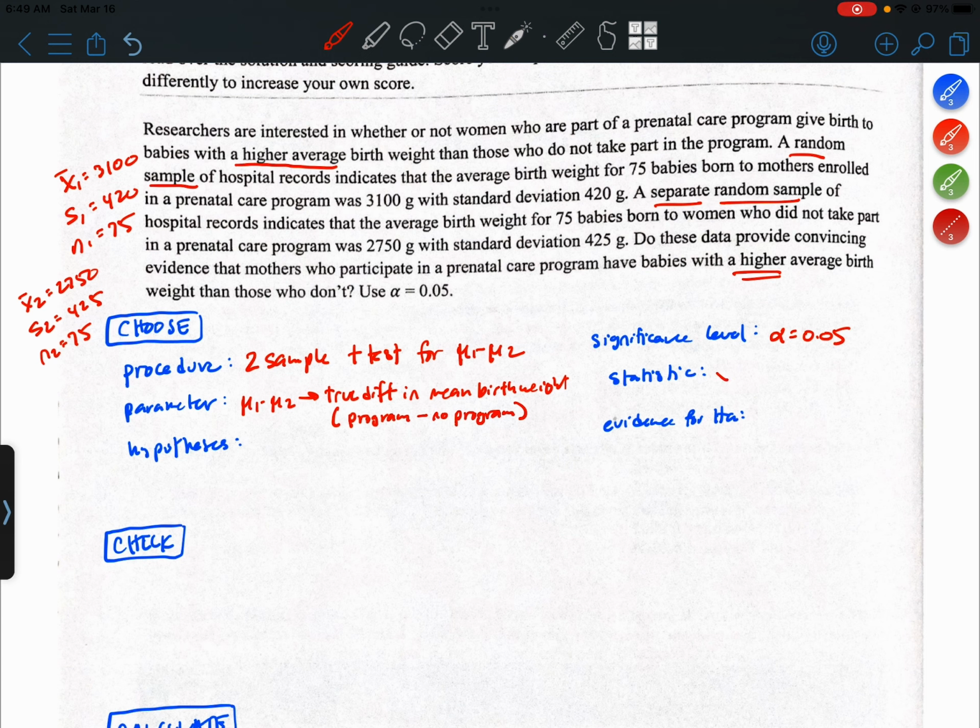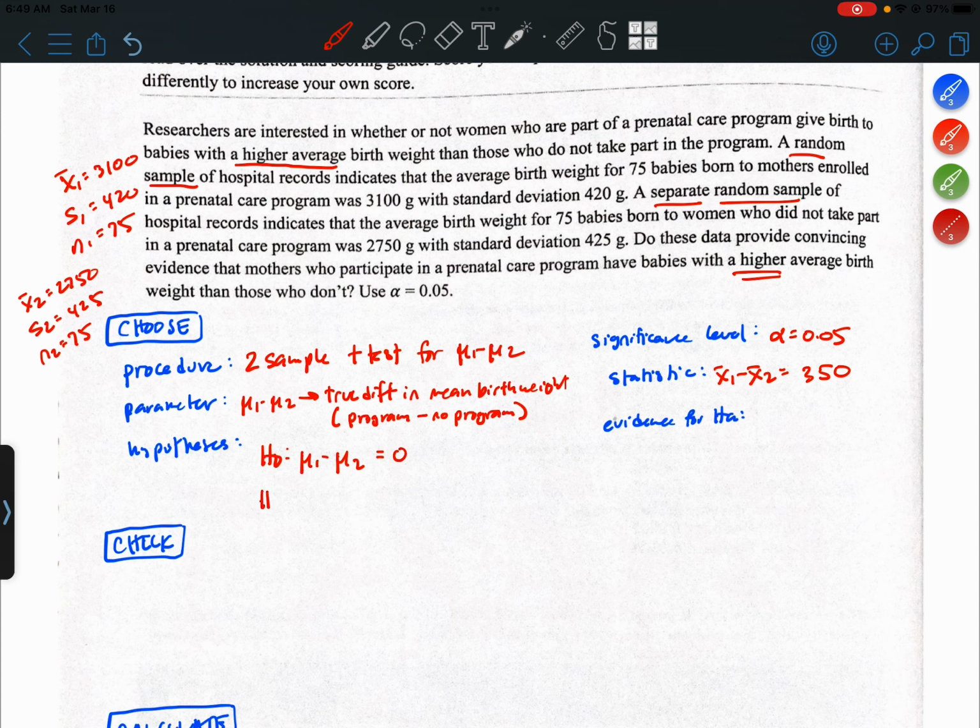Our statistic is x bar 1 minus x bar 2, 3,100 minus 2,750. It's a difference of 350 grams. Our hypotheses: the null hypothesis is mu1 minus mu2 equals 0, equivalent to saying no difference in the mean weights of these two types of babies.